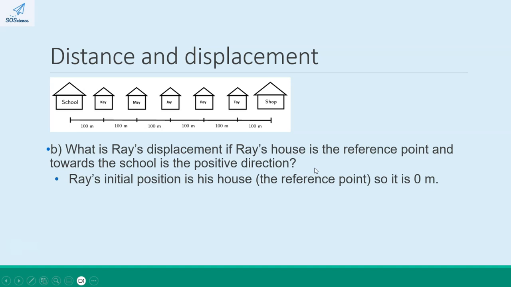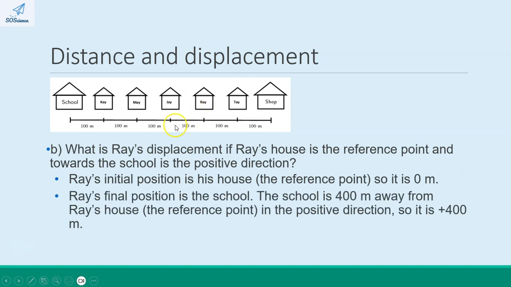Now remember that we want to work out change in displacement, delta x, as xf minus xi, the final position minus the initial position. Now Ray's initial position is his house, and because his house is the reference point, that gets a value of 0 meters.